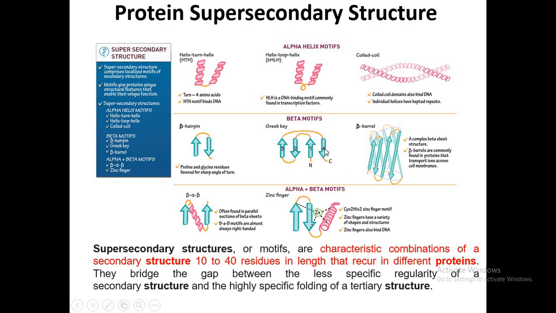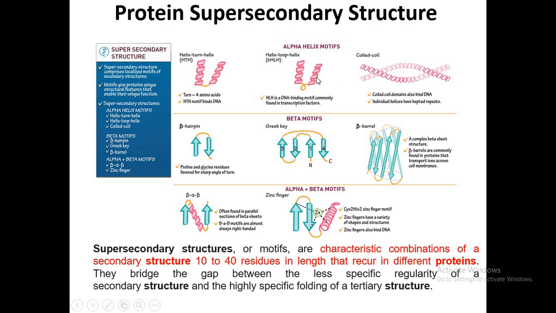Why are these motifs? When two or more alpha helices join together, it will be an alpha helix motif. So in the alpha helix motif, only alpha helices would be present.